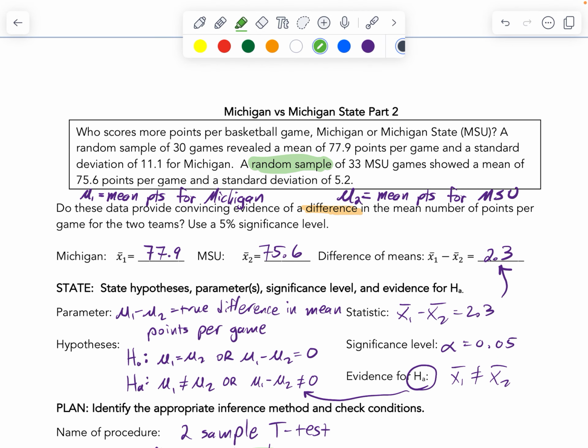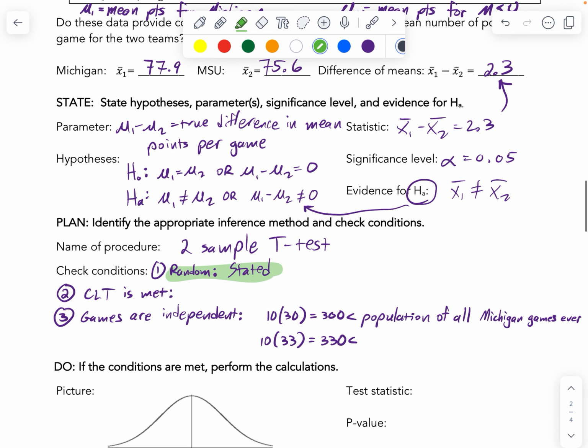Random here, random here. We're good. CLT is met because 30 is greater than or equal to 30, and 33 is greater than or equal to 30. Therefore, we have enough sample size to say that these data distributions will be approximately normal.